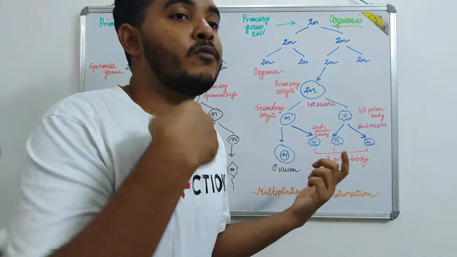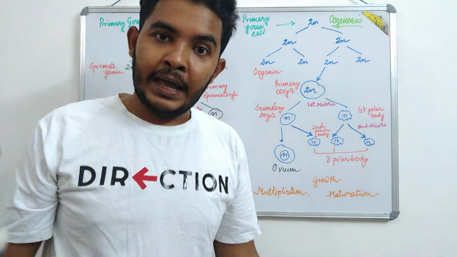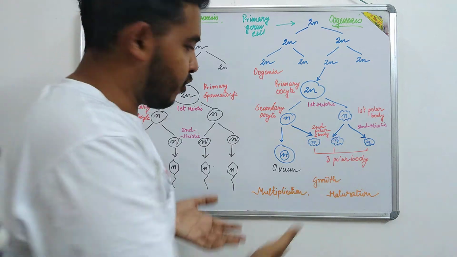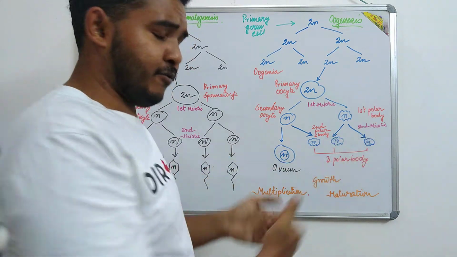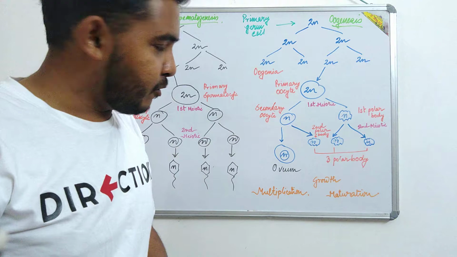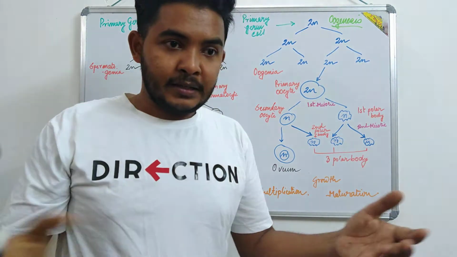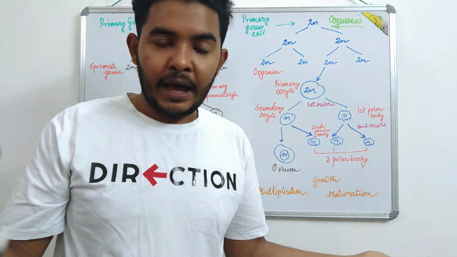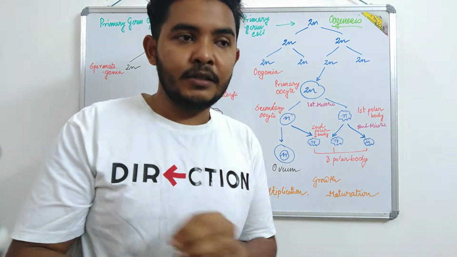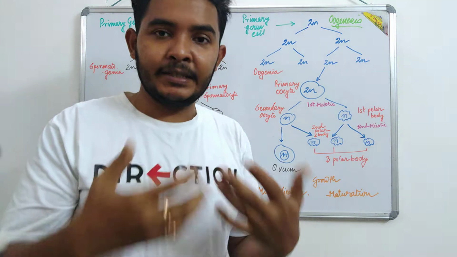Suppose it formed four mature ova, then what would happen? At a time there would be four babies, four sperms fertilizing the four ova, and it would be a heck of a load on the mother. You may ask, sir, can that also happen? Yes, that may happen, but it's not the norm.